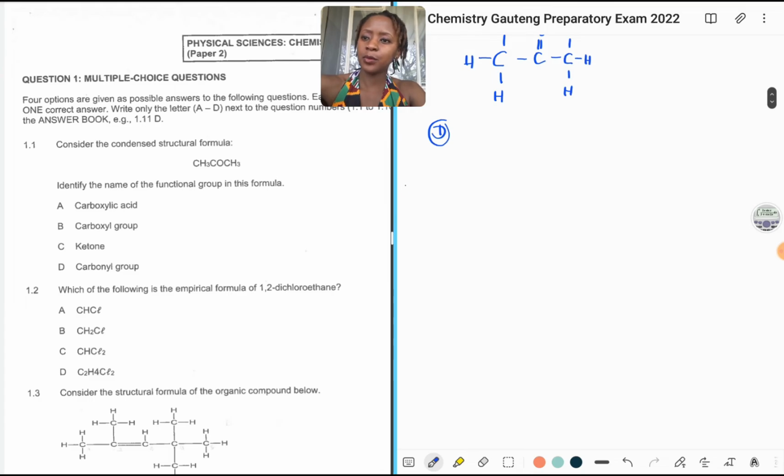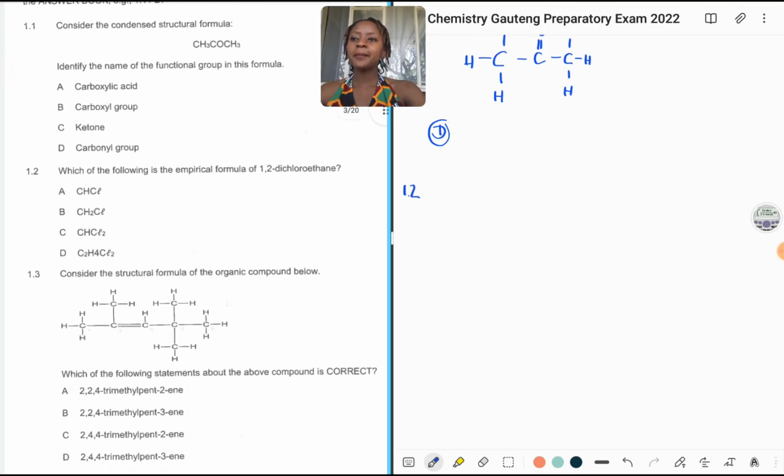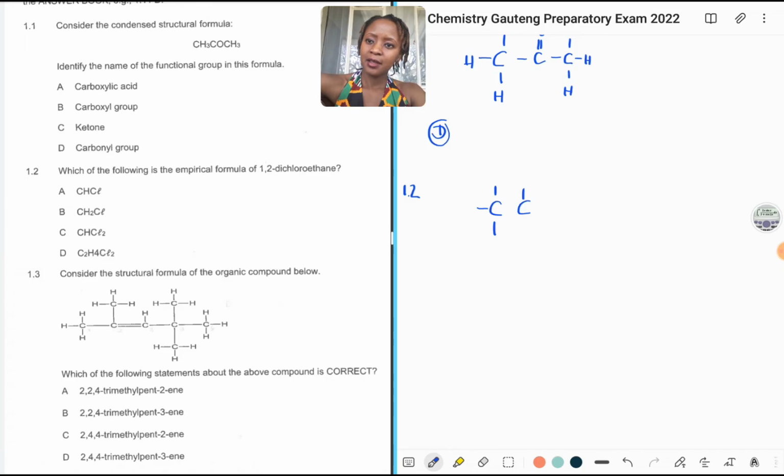Now 1.2. Which of the following is the empirical formula of 1,2 dichloroethane? Ethane has 2 carbons and we are dealing with an alkane, and on the first and the second carbon you have chlorine, and the rest are just hydrogen atoms.